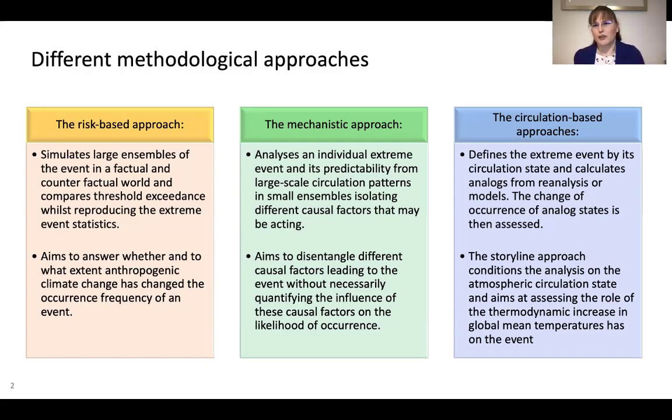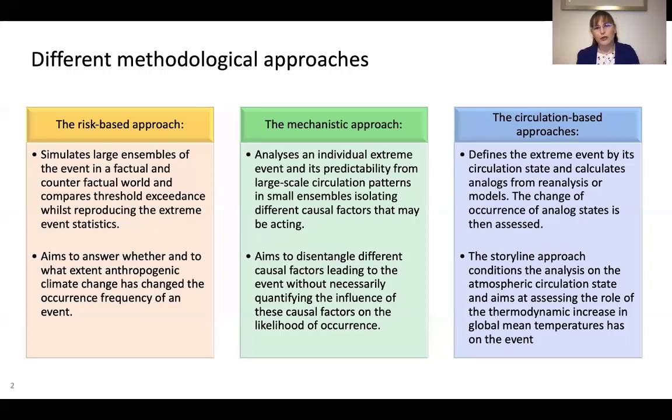Now, a third sort of approach is the circulation-based approaches, and these define the extreme event by its individual circulation state and take analogues of these from models or reanalysis data, and we try to look at the change in occurrence of these analog states. So in some sense we define the event based upon the circulation rather than on a particular threshold or determination of the event.